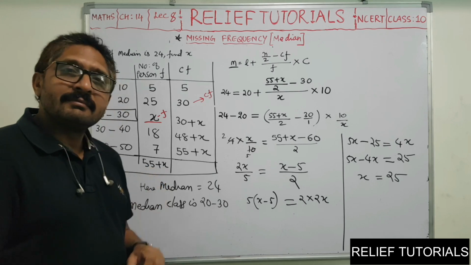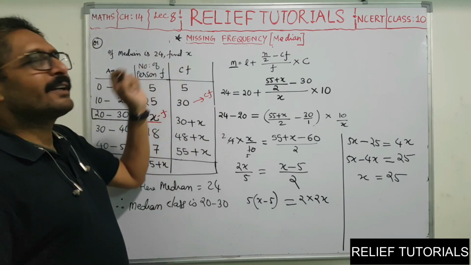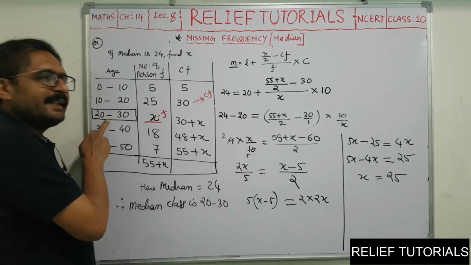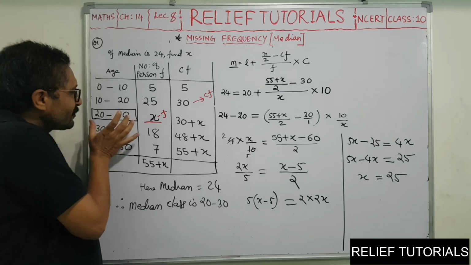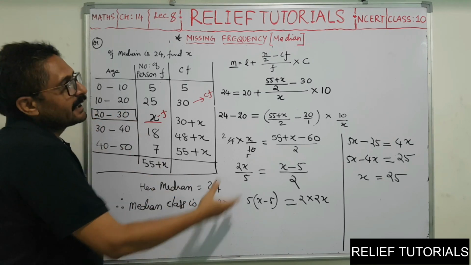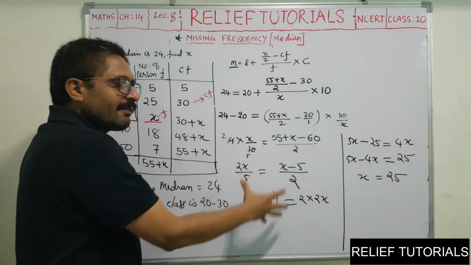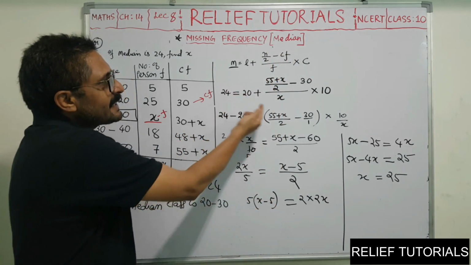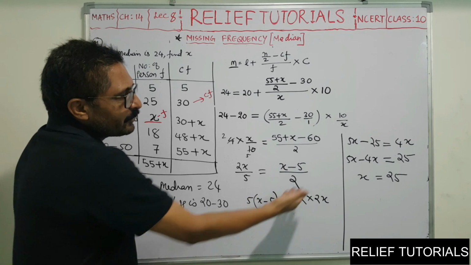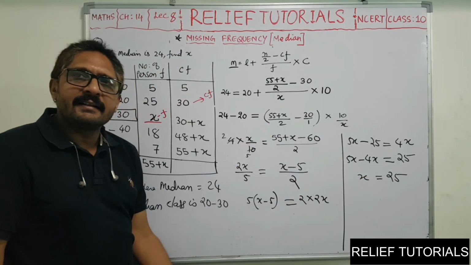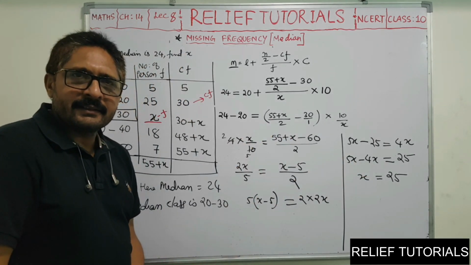X is unknown. But you see here, the median is given already, it is 24, so it is easy to find the median class. Why? Because 24 lies in this class, so this is our median class. Then you use the formula, substitute the values. There is only one variable, that is x. So by solving that, you can find the value of x. It is quite simple. Clear?